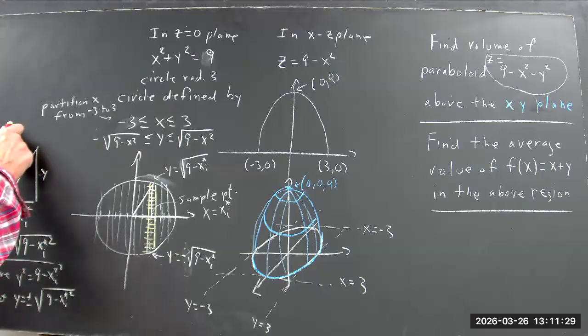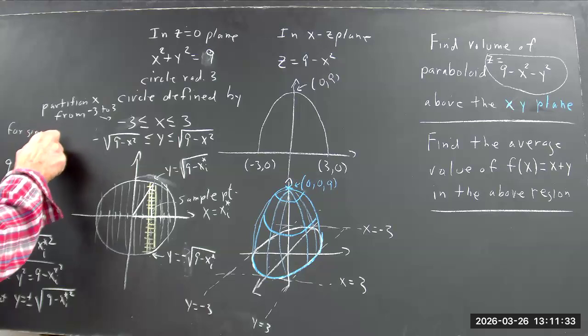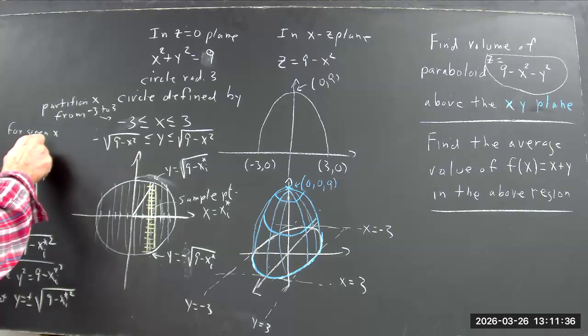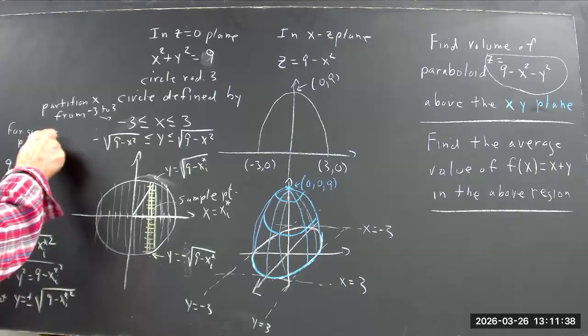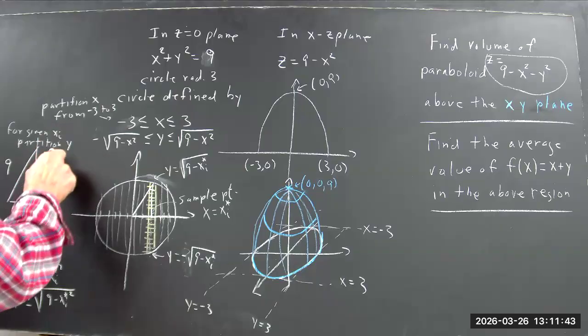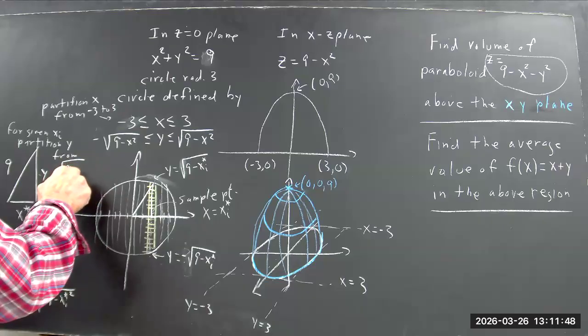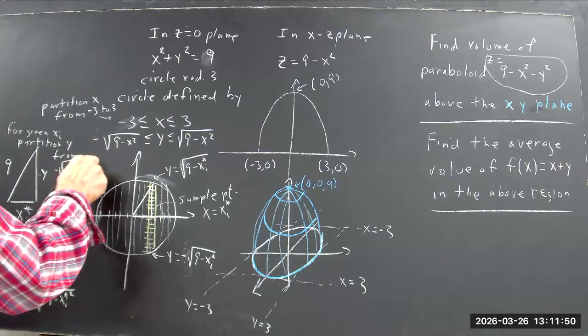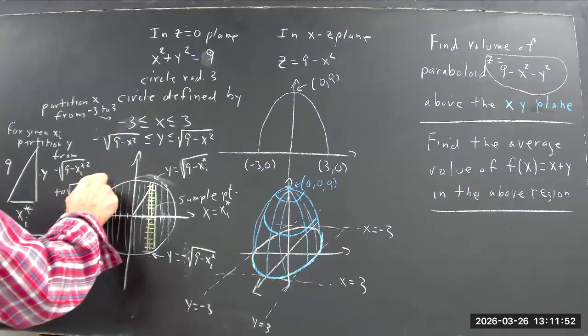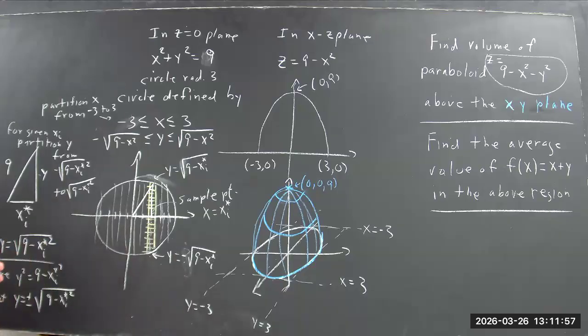And now we partition the same for given x sub i, which is a sample point in the ith interval.